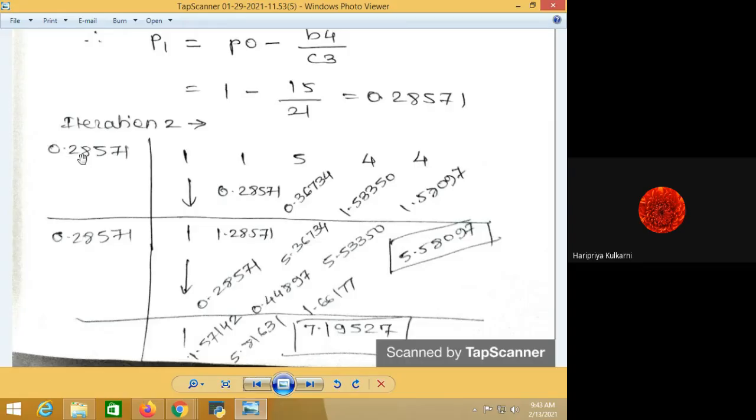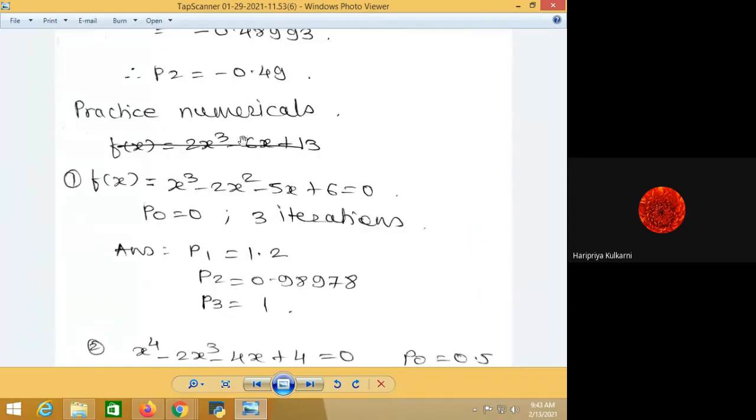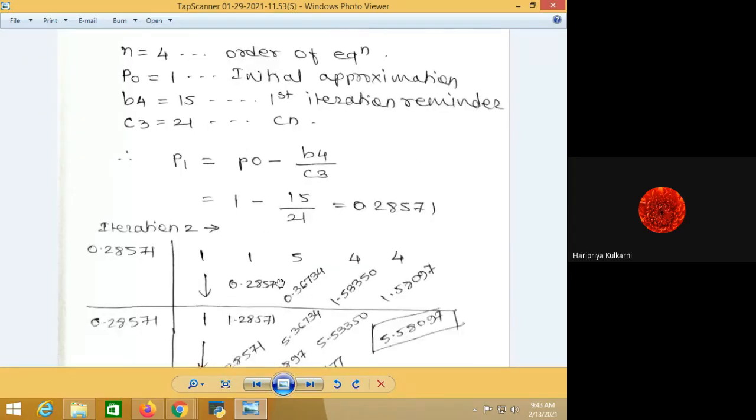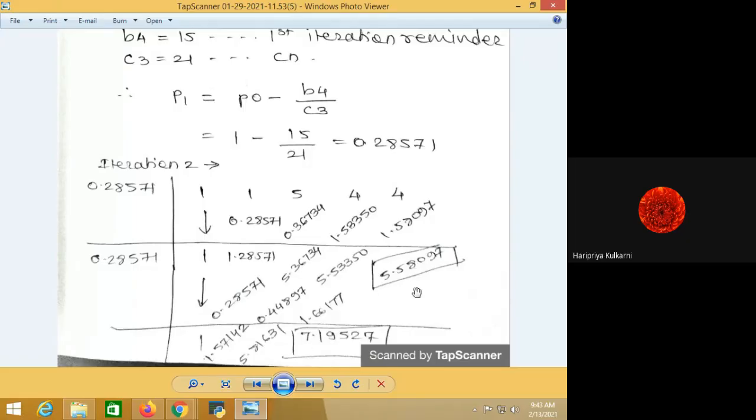So we have C3, we have B4, we have P1, so we can calculate P2 at the end of the second iteration. P2 will be P1 minus B4 upon C3. P1 is the root which we found after the first iteration, 0.28571, minus B4 upon C3, which are 5.58 and 7.19.